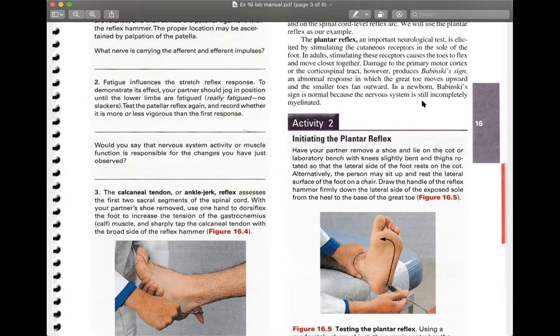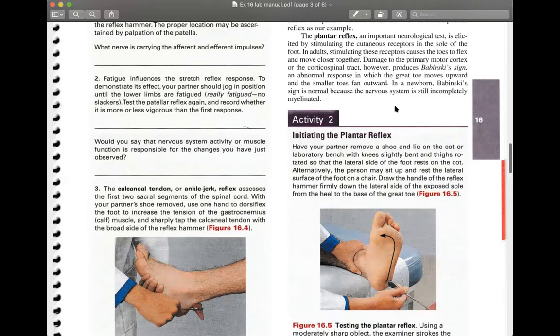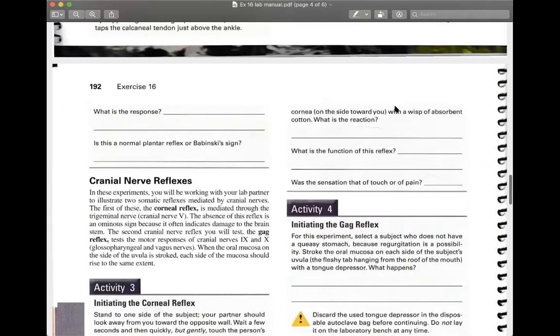And again, the normal result up to 6 months of age indicates a pathology if you see that above 6 months. So that's again what they refer to as Babinski's sign, where you flare your toes out. So that's just kind of an interesting one, that plantar reflex.